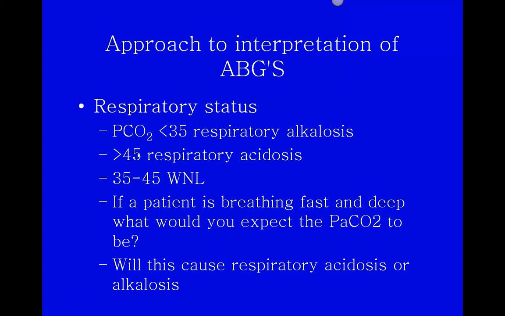Would a CO2 that's lower than normal, this one, cause a respiratory acidosis or a respiratory alkalosis? And by using the term respiratory, I'm telling you that the condition that caused the acidosis or alkalosis is the lungs, the respiratory system. It's the carbon dioxide piece. So if I remove CO2 faster than I produce it, that would move the pH in an alkaline direction.